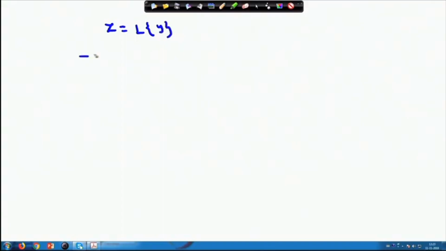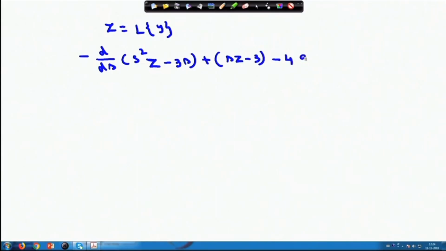Then I can write the earlier equation as minus d by d s of s square z minus 3s, plus s z minus 3, minus 4 into d z by d s equals 0. From here you can form d z by d s.